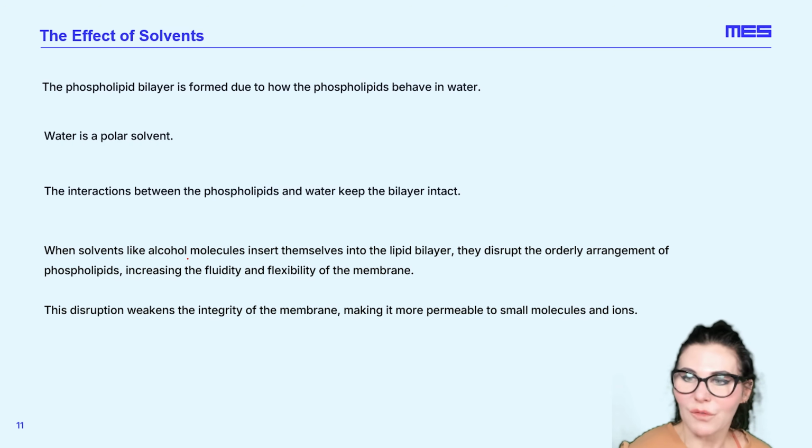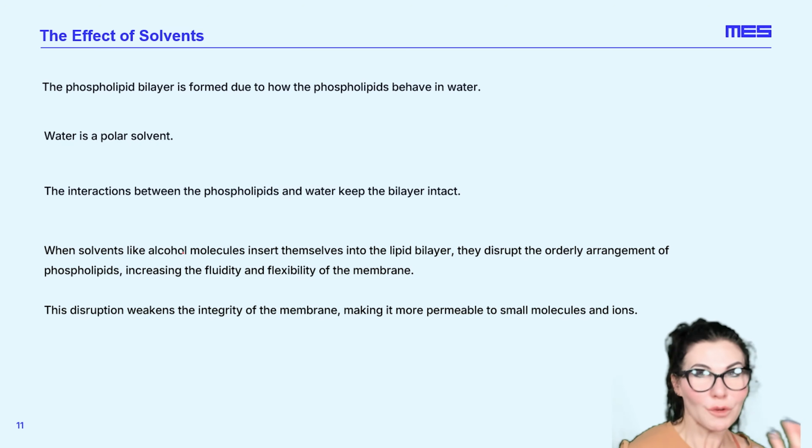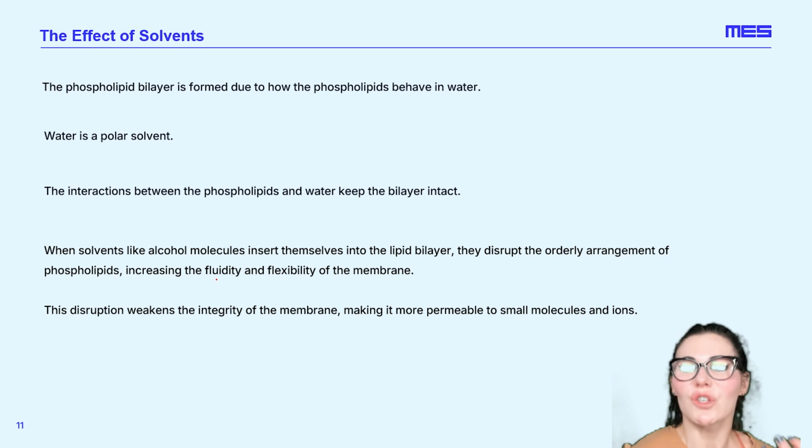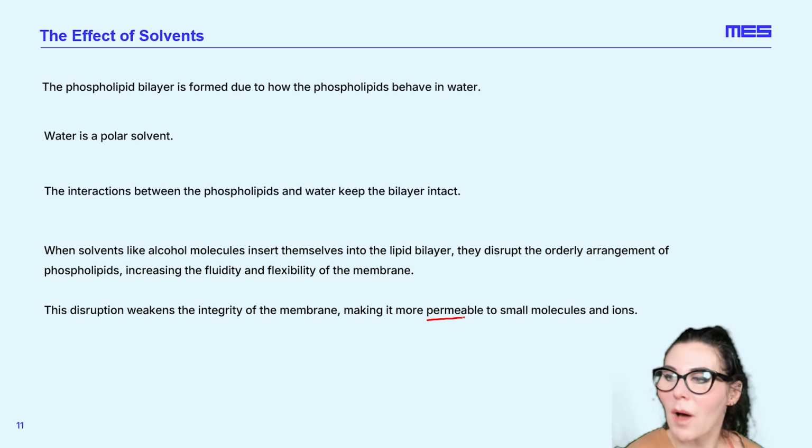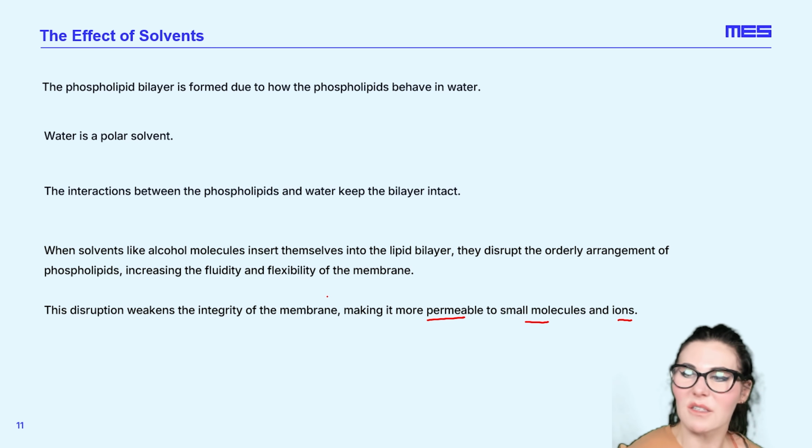It basically interferes with the interactions between the phospholipids and disrupts their arrangement that keeps them at a happy fluidity. And as a consequence of that, alcohol makes the fluidity of the membrane and its flexibility go up. It becomes too fluid, too flexible, and therefore becomes leaky, making it more permeable to small molecules and ions. So it disrupts the membrane in a bad way.